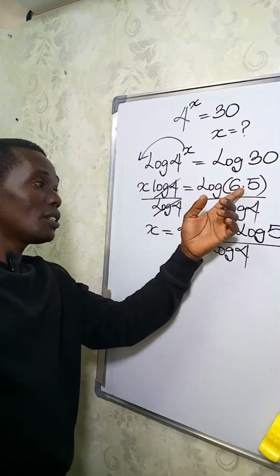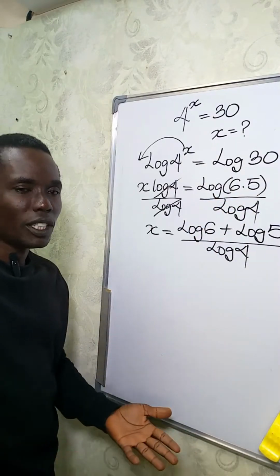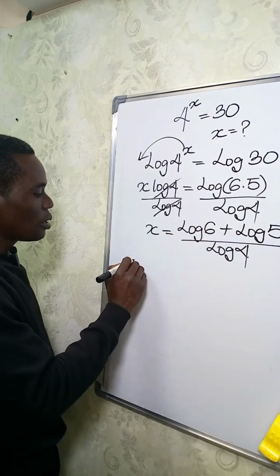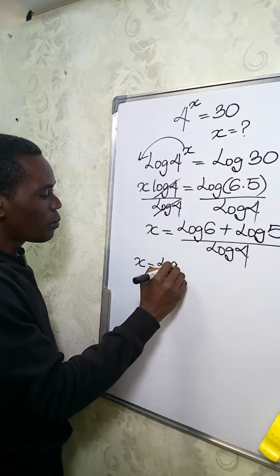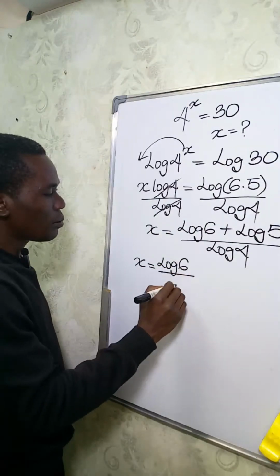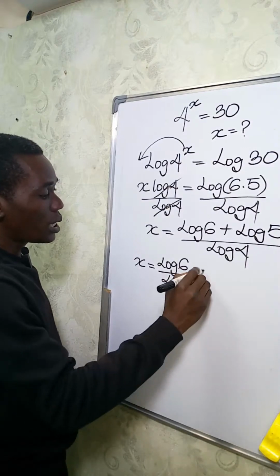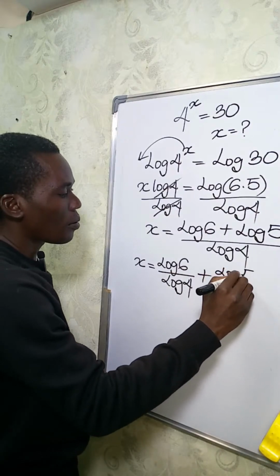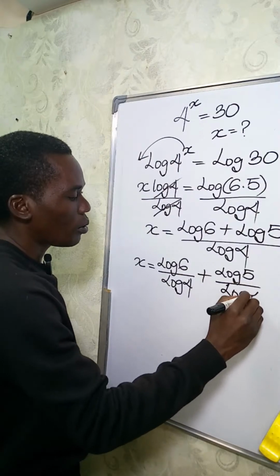When you have this multiplying, they simply separate with an addition sign. So we can separate this expression to give us the value of x to be equal to the log of 6 divided by the log of 4, and this can be plus the log of 5 divided by the log of 4.